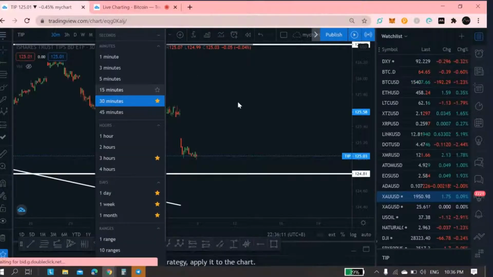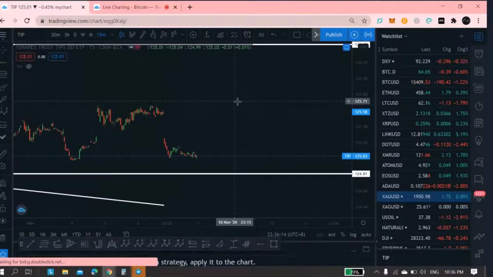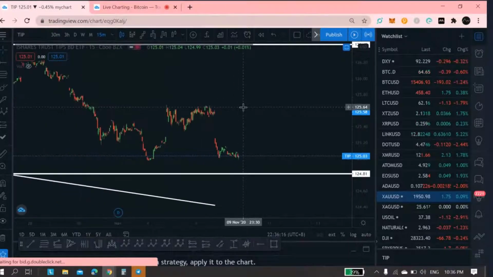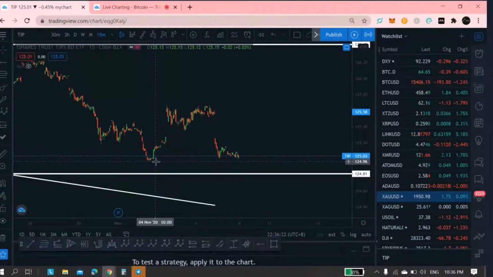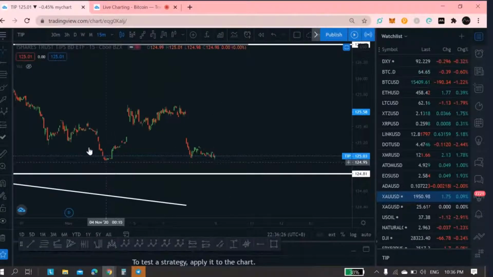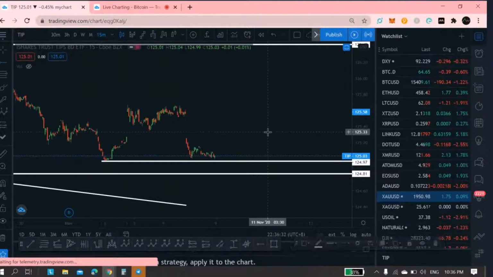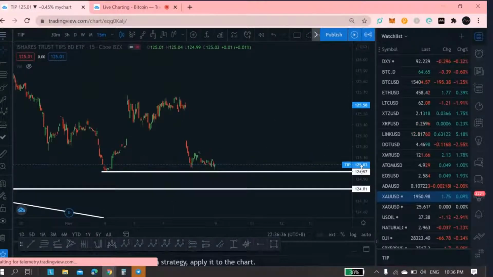Anyway, let's look at the 15 minutes. I'll just look at the 15 minutes time frame. Yeah, there. Possibly it will bounce already using this 15 minutes time frame. Because of course, my support area is around 124.97 or close to 125.